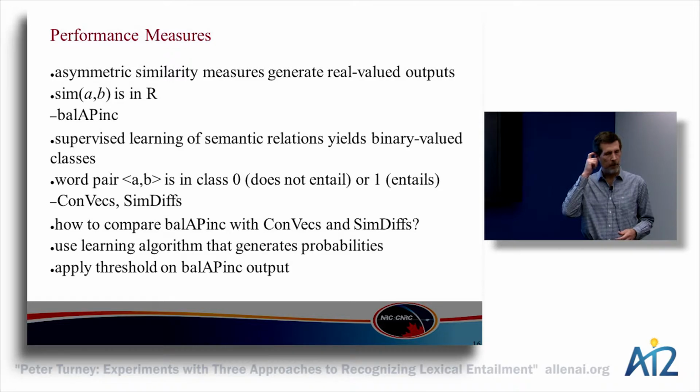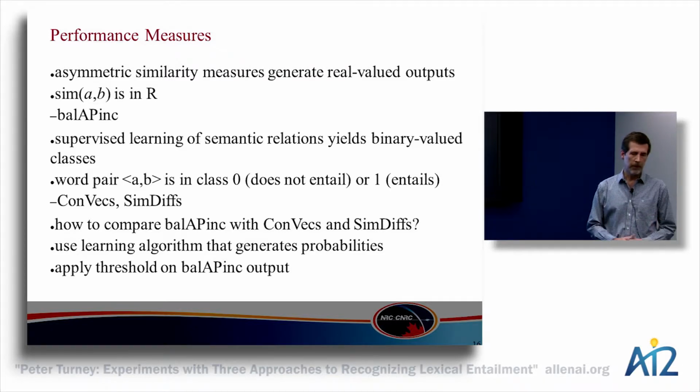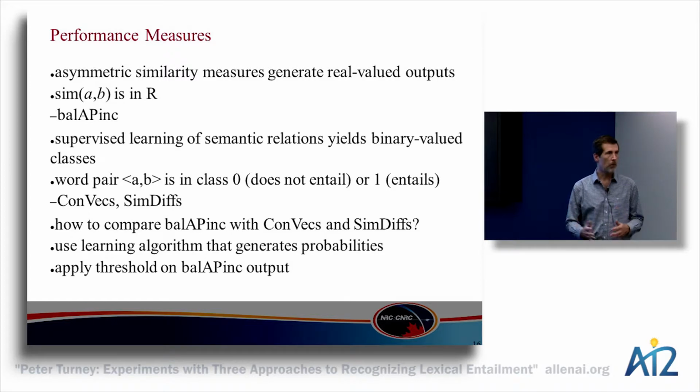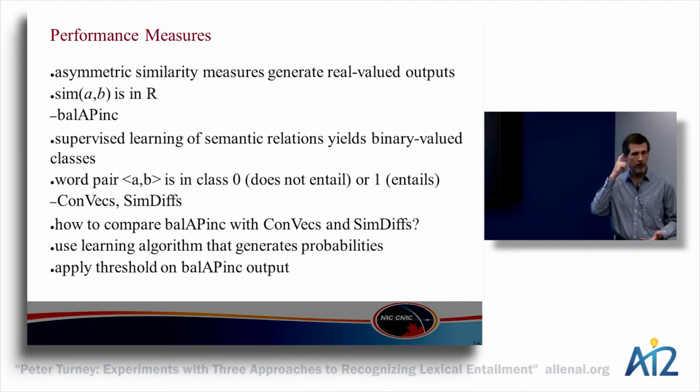So it might look like you can't compare these 2 approaches, but it's actually not that difficult, because with BALOP Inc., the real valued score, you can turn it into binary just by putting a threshold on it. And there are a lot of supervised learning systems, including the ones that we use here, that can take a binary classification and convert it to a real valued probability estimate that tells you the probability of being in one class or the other.